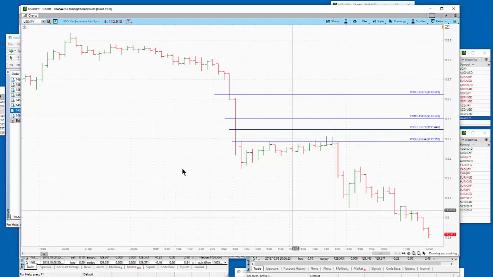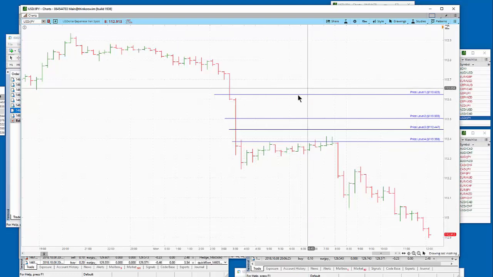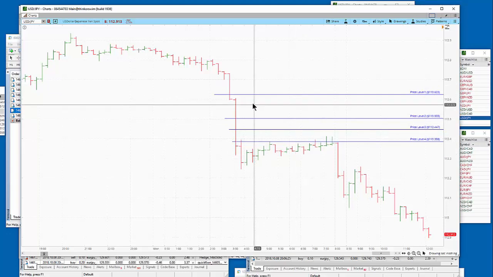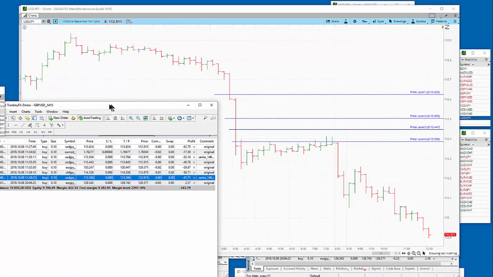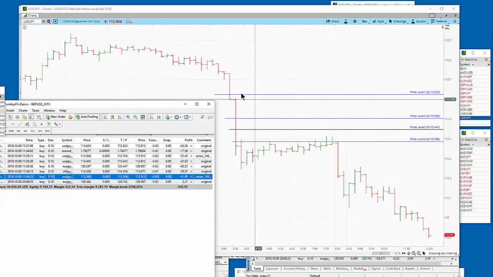Okay, so I put lines on this chart to represent where these trades entered, and you can see I've got the line going through the bar that represents the time the trades entered.